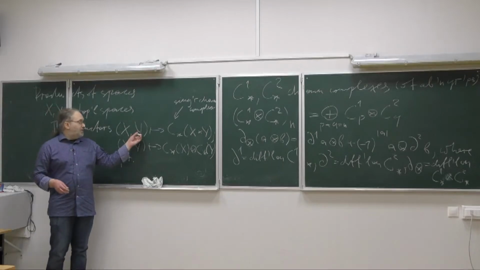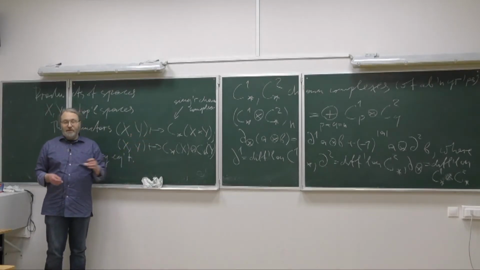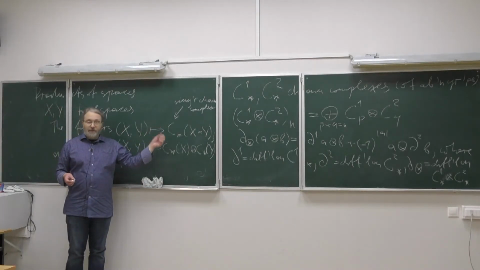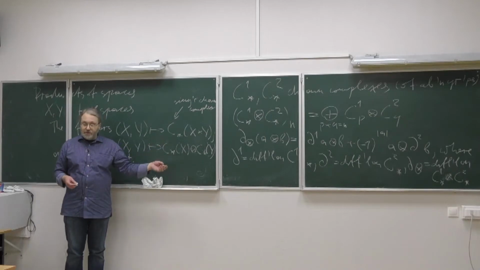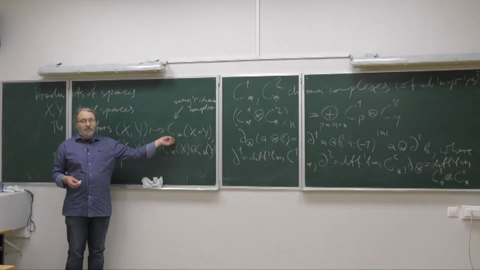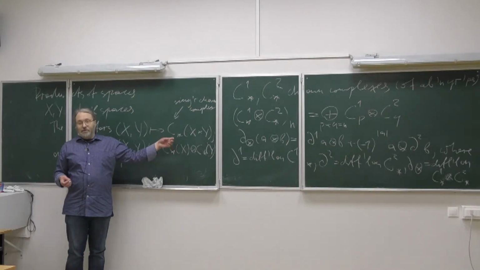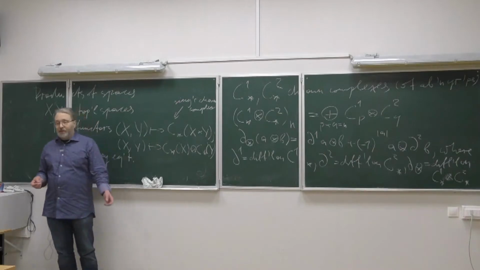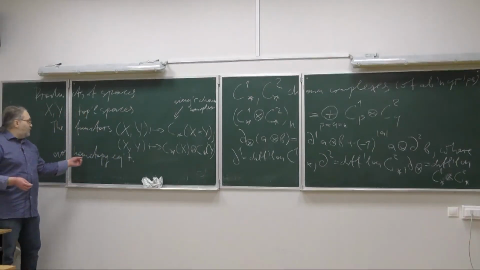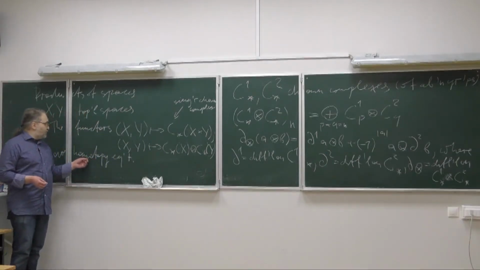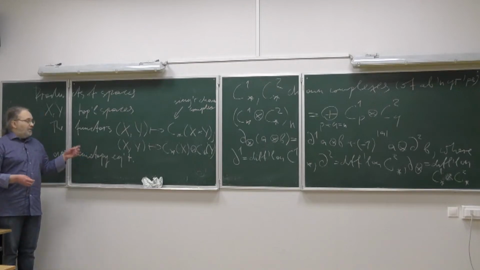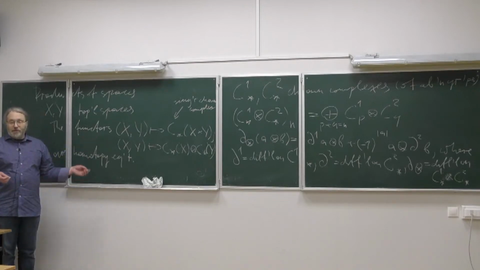And in both cases we have functors. I have defined the values of the functors on the objects, but it's straightforward to define the functors on the maps. Now, what does it mean that two functors are chain homotopy equivalent?